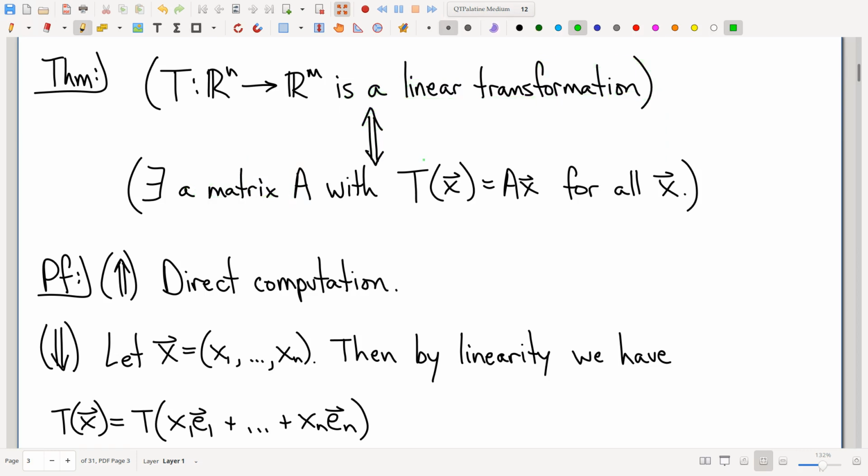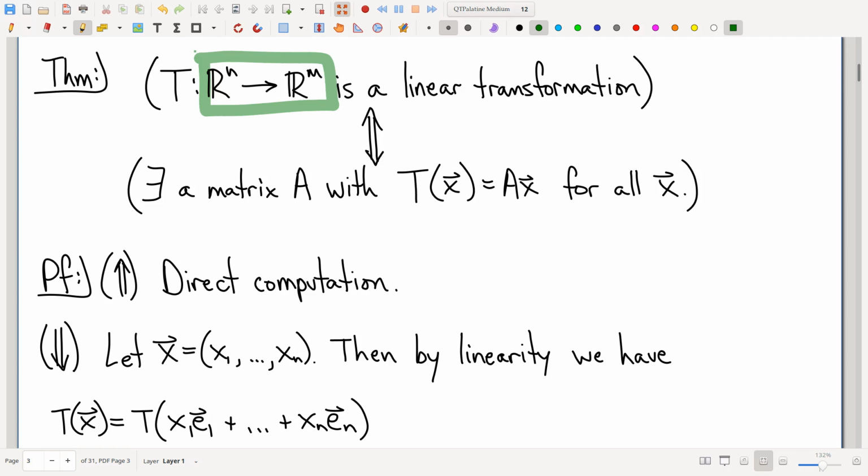To be clear, I do have to restrict our attention to what I'm going to call Euclidean linear transformations. So by Euclidean, I mean the domain for the function has to be Rn. It can't be some wacky vector space like the vector space of all solutions to this homogeneous differential equation or something like that.